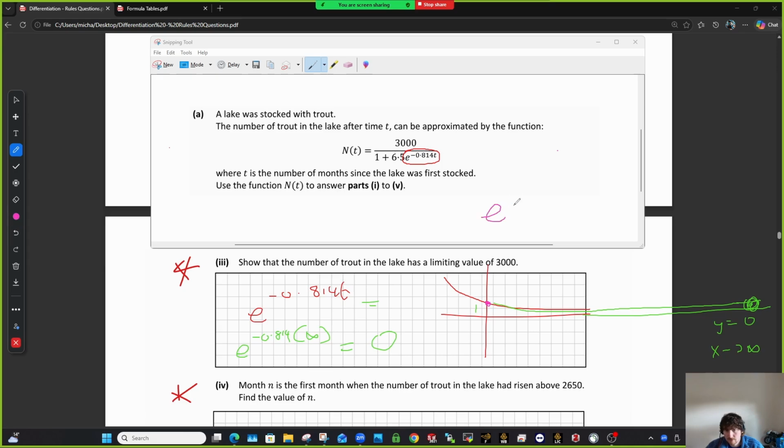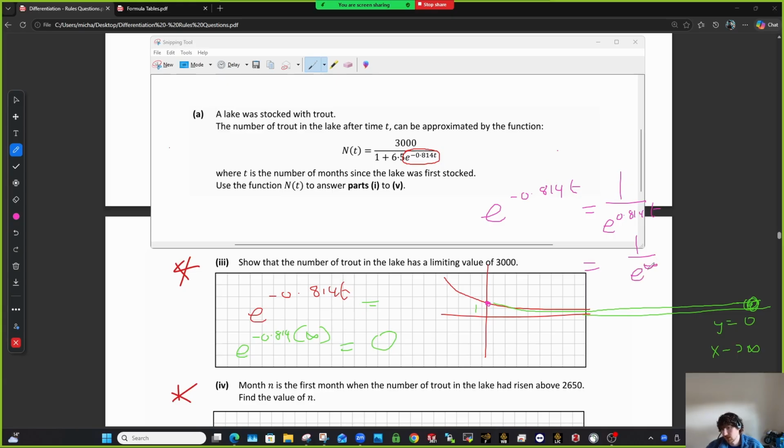Here's some practice with indices. This, as a number with the t, is the same as 1 over e with a positive power. When you put infinity in for t, this becomes 1 over e to the infinity.